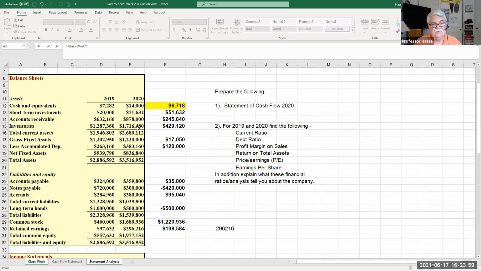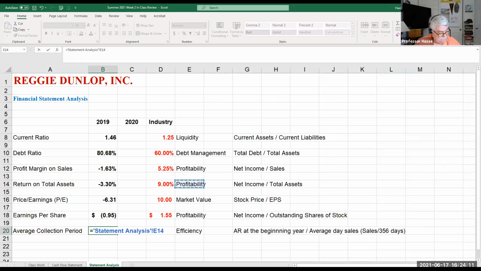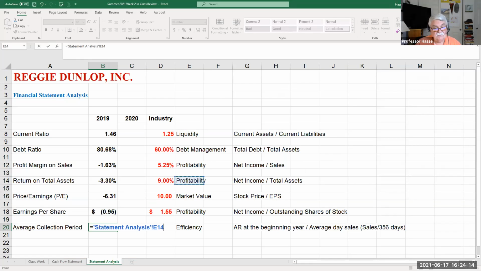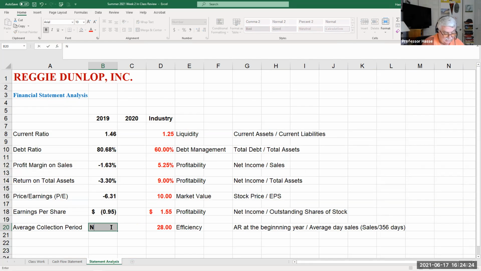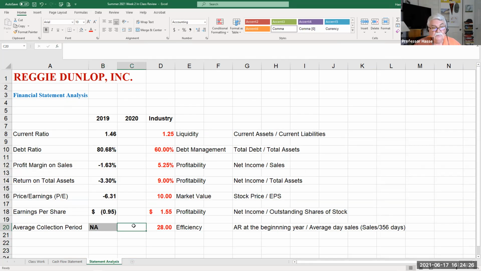We can only use 2020 for our average collection period because we don't have the beginning balance of 2019, the ending balance of 2018. So we can't do 2019. So let's just mark that as not available, NA.